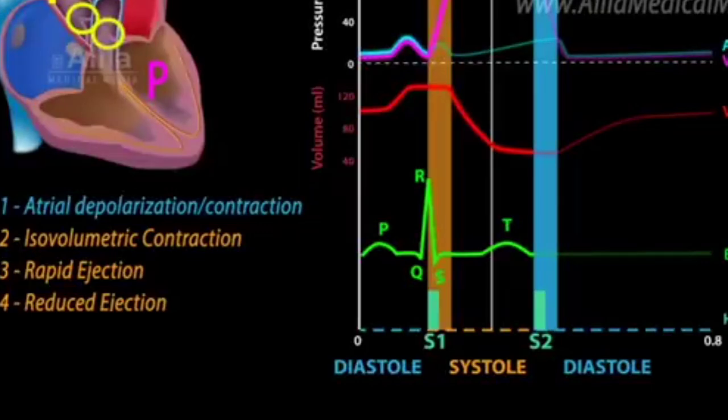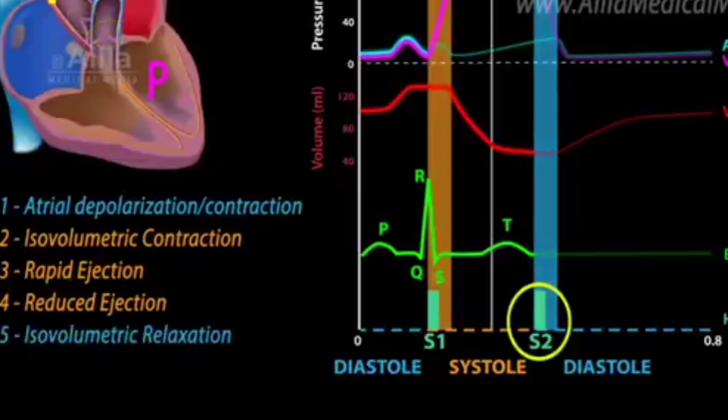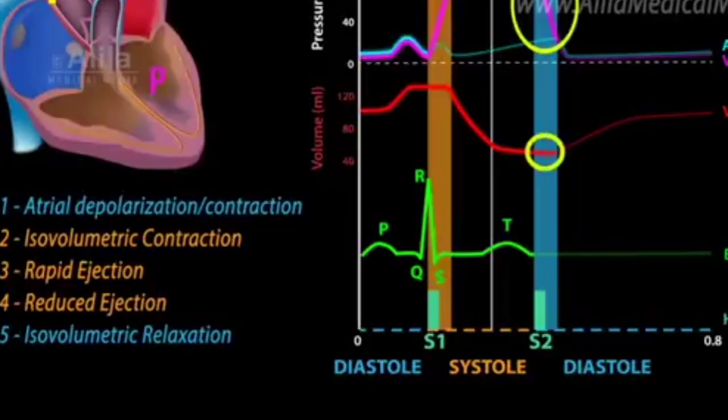Closure of the semilunar valves produces the second heart sound, S2. The first part of diastole is, again, isovolumetric, as the ventricles relax with all valves closed. Ventricular pressure drops rapidly, but their volumes remain unchanged.